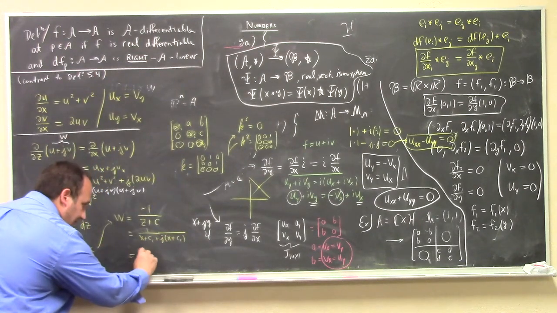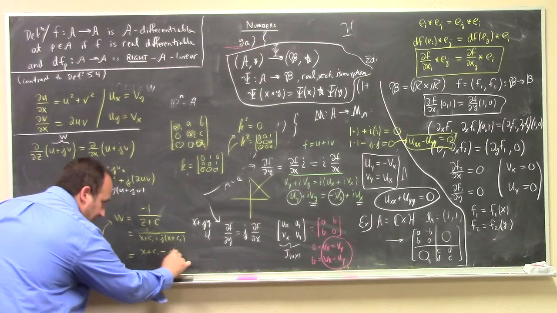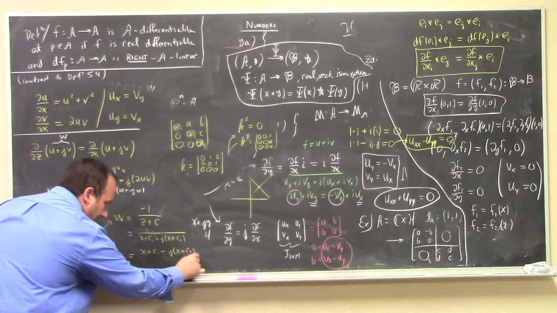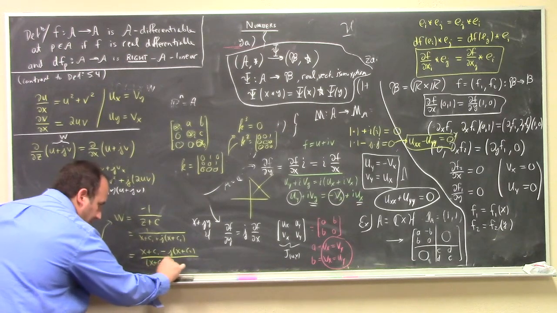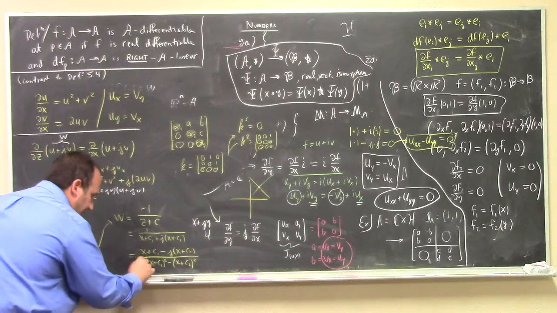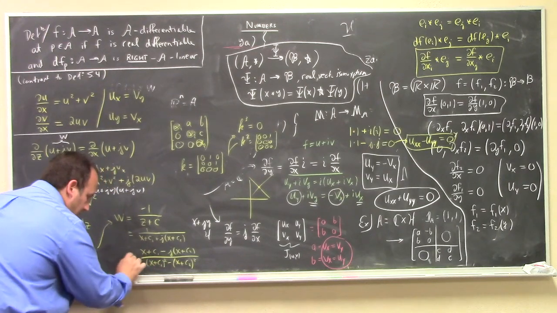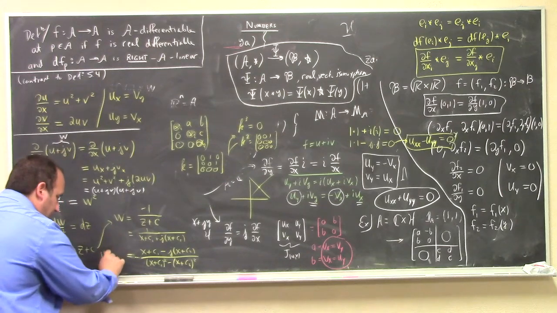And that's going to give me (x + c1) - j(x + c2) divided by (x + c1)² - (x + c2)². And there's a minus overall. And that's equal to u + jv.